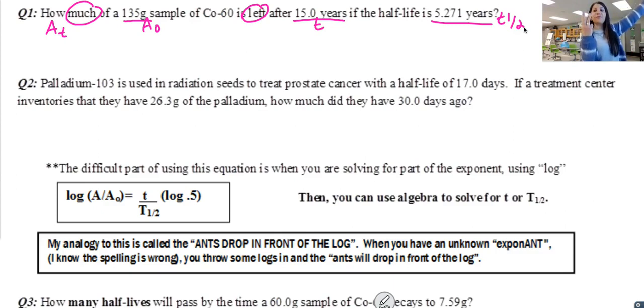That means it should go through 3 half-lives. So I'm going to take my 135, and divide it by 2, divide it by 2, and divide it by 2, and let's see what we get. 135 divided by 2, divided by 2, divided by 2, I'm getting about 16.875 as my answer to this.